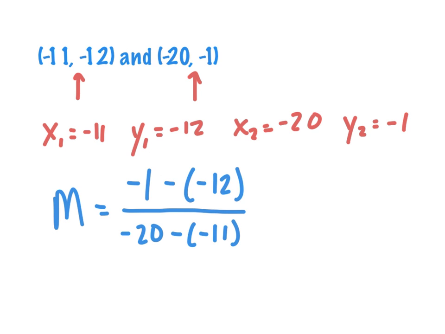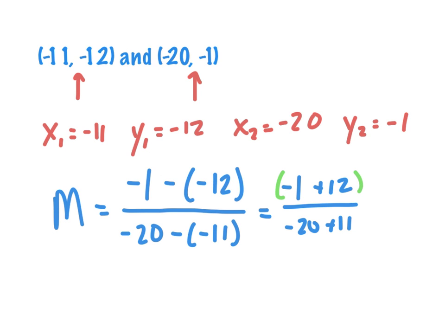Now before I do the final calculation, let me clean this up a little bit. Instead of doing minus a negative, we can use that phrase keep, flip, change, and add the opposite. So this is really negative 1 plus 12. And in the denominator, it's really negative 20 plus 11. Don't forget, we're going to do these calculations separately.